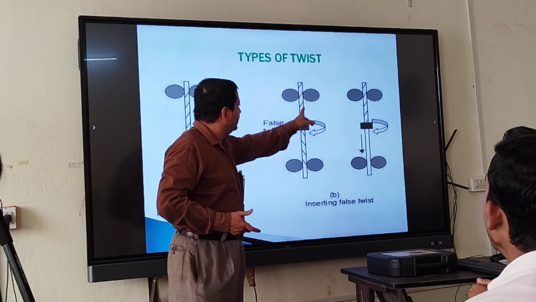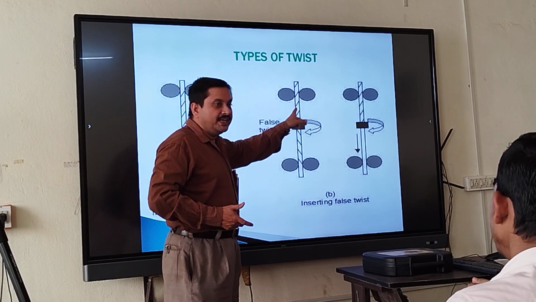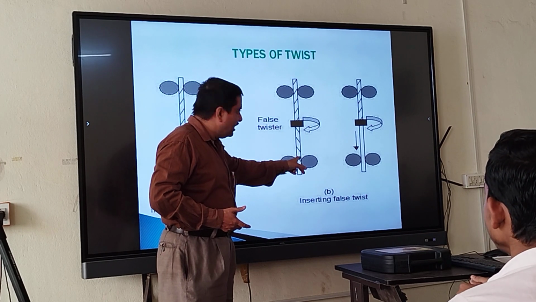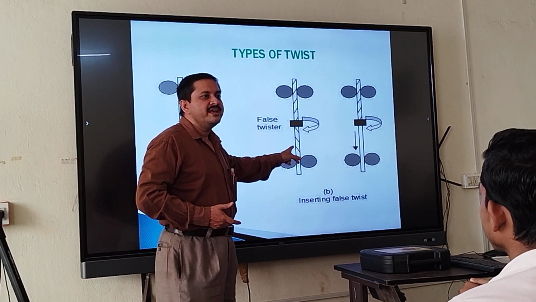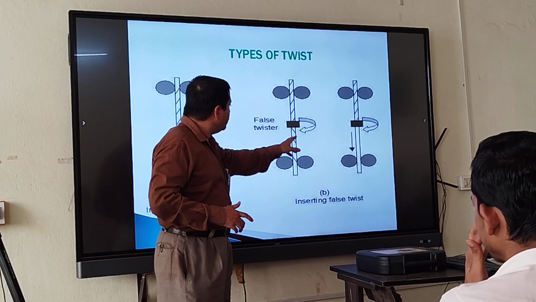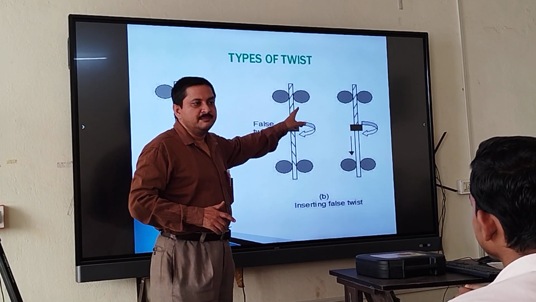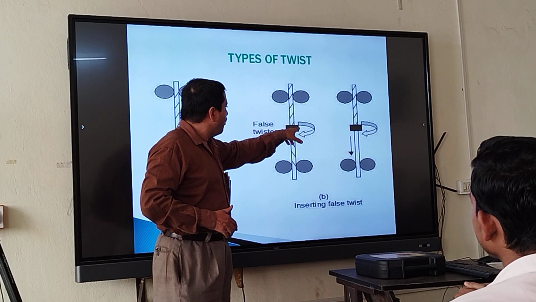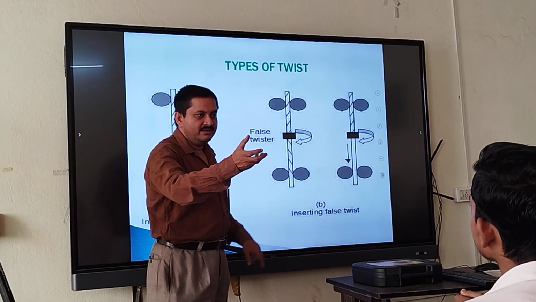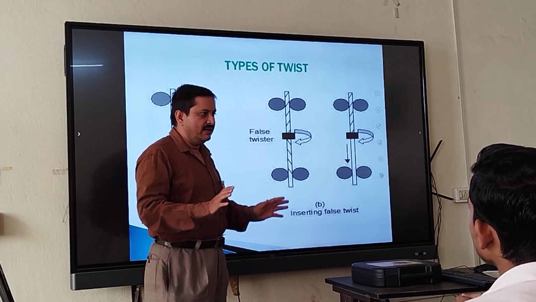In the upper direction, Z twist is propagating from the picture, and in the lower direction, S twist is propagating. So the opposite direction of twist is propagating from the point of application of the twisting object. Are you getting me?